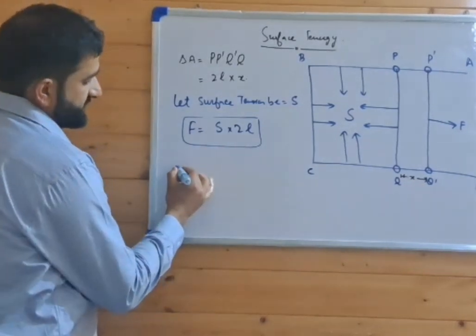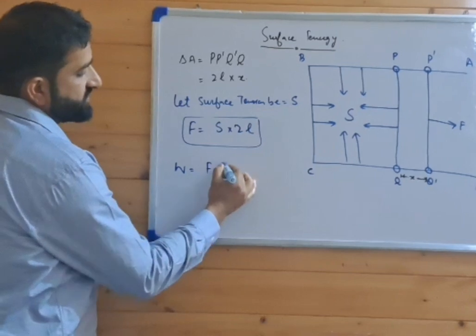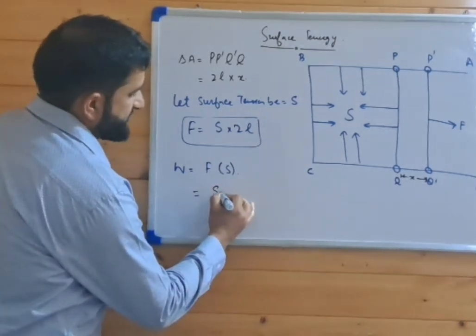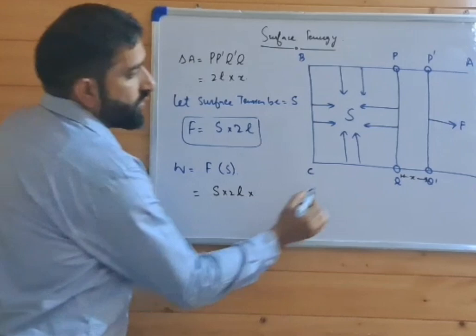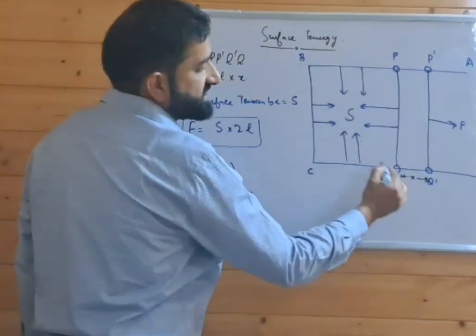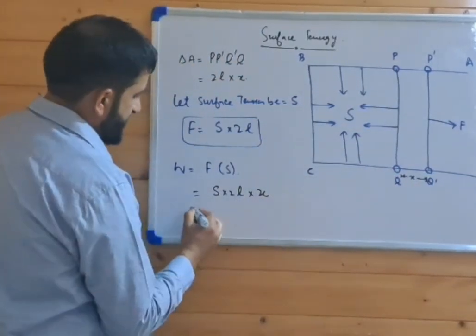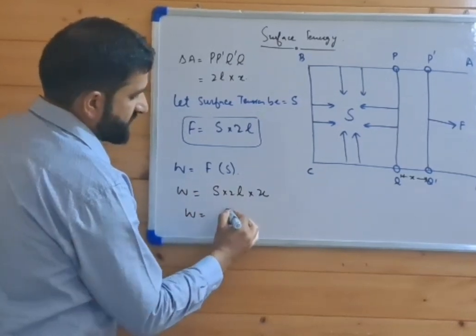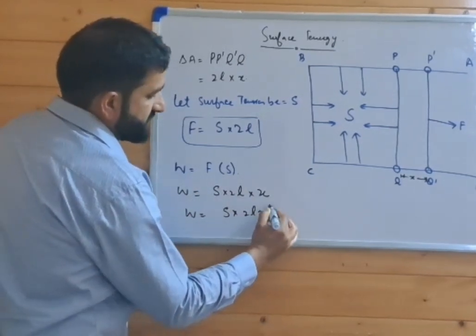Now the work done is force into distance. The force is equal to S into 2L, and the distance by which this sliding side PQ is pulled is X. So W is equal to S into 2L into X.